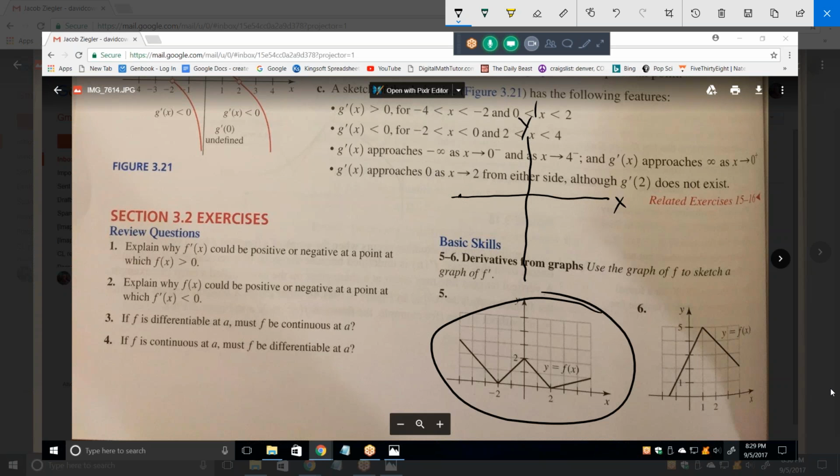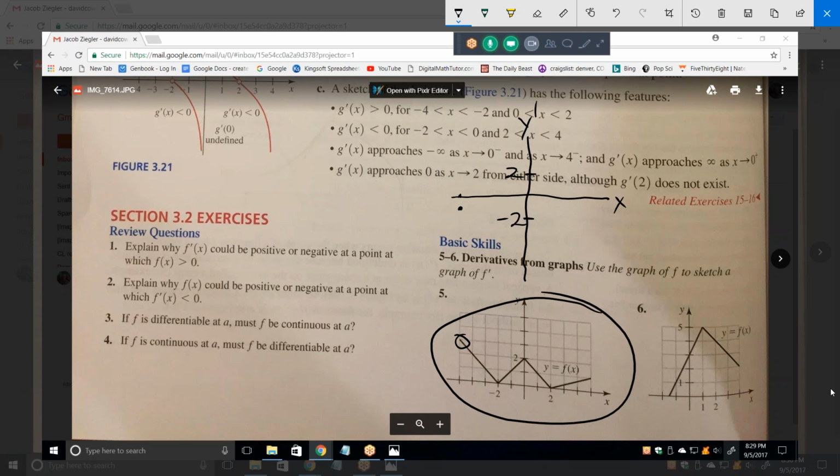Okay. So let's start from this point right there. Let's label the y-axis 2 and minus 2. What's the slope right there? -1. Okay, let's mark that point.